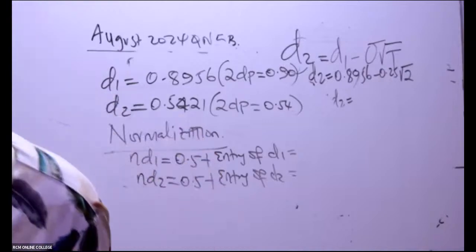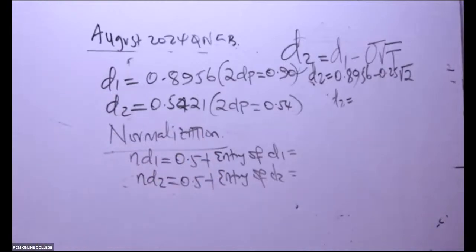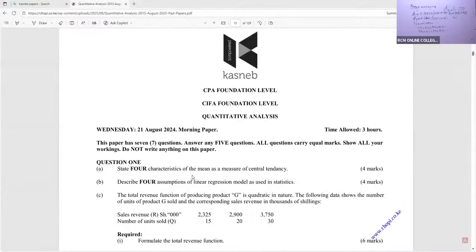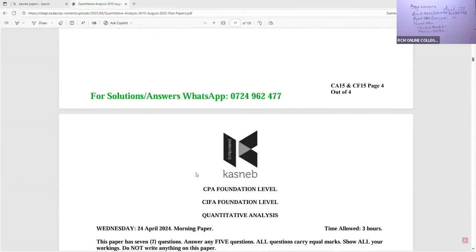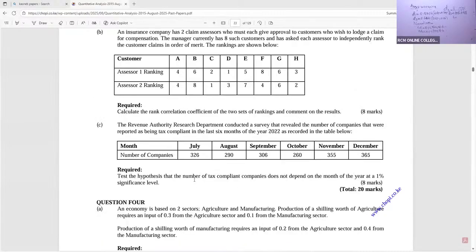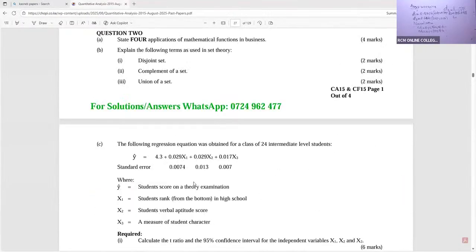All right, I'm trying to get my normal table. The normal table I have here is very interesting, and it's on the QA paper. Get used to it.